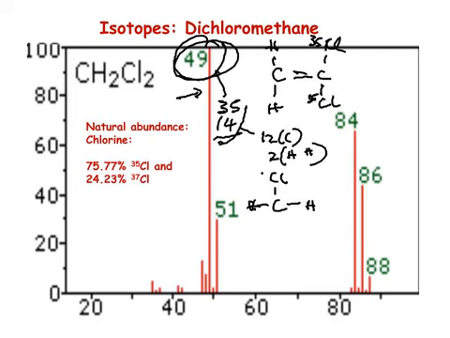If instead of having a 35, I had a 37 on there with a carbon and 2 hydrogens, that would explain the 51.